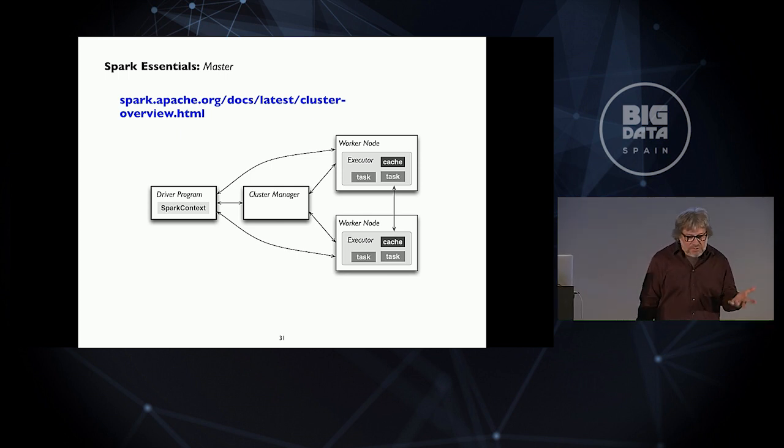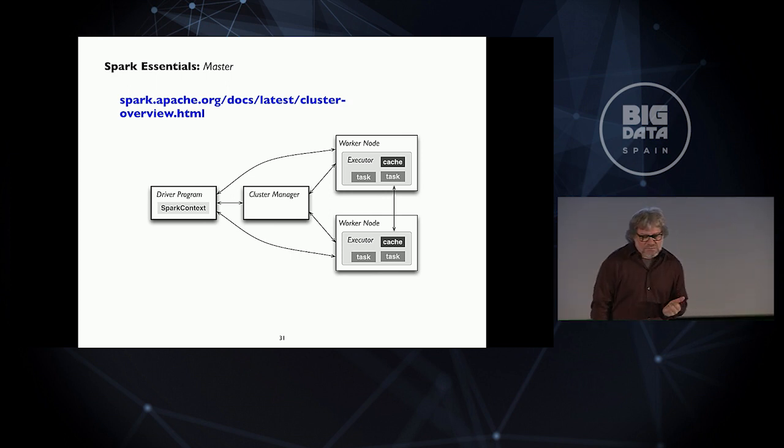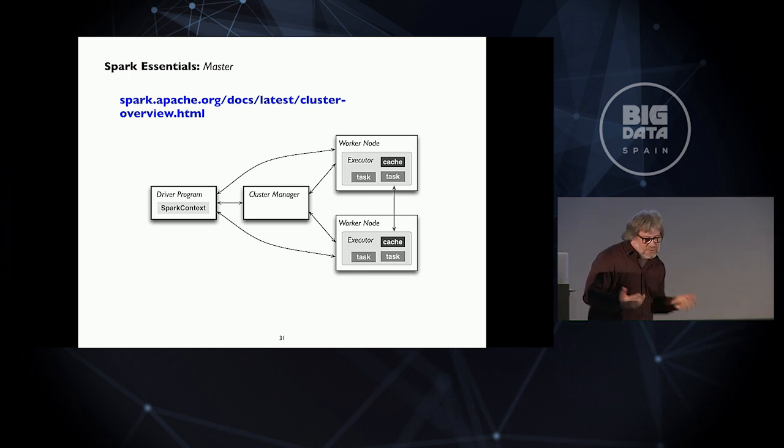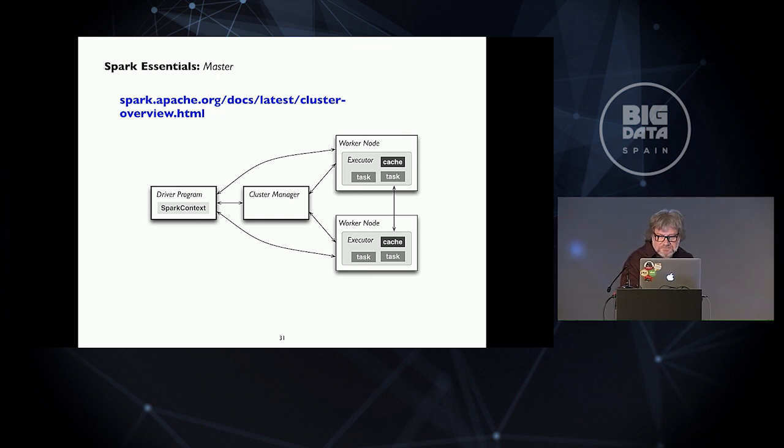Each worker node is running a process called an executor, and that's really what does the work. The executor is responsible for understanding where the data is cached. It's responsible for taking and executing the different tasks. If a worker node dies, that partition of data and those tasks can be taken up by some other worker node, some neighbor. So there's a lot of fault tolerance as well as the parallelism.